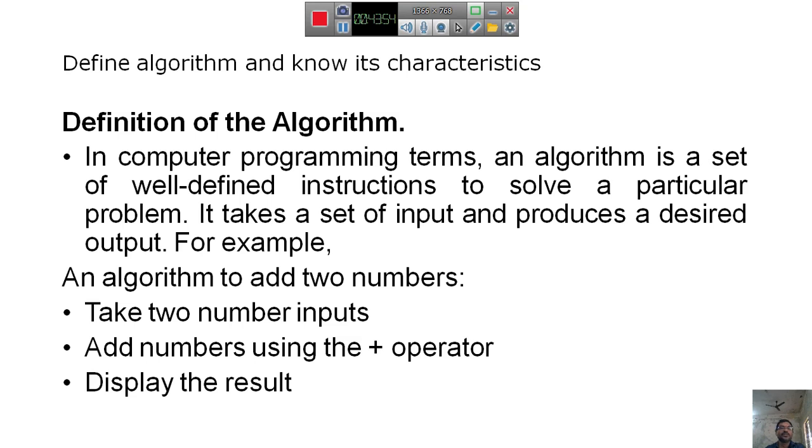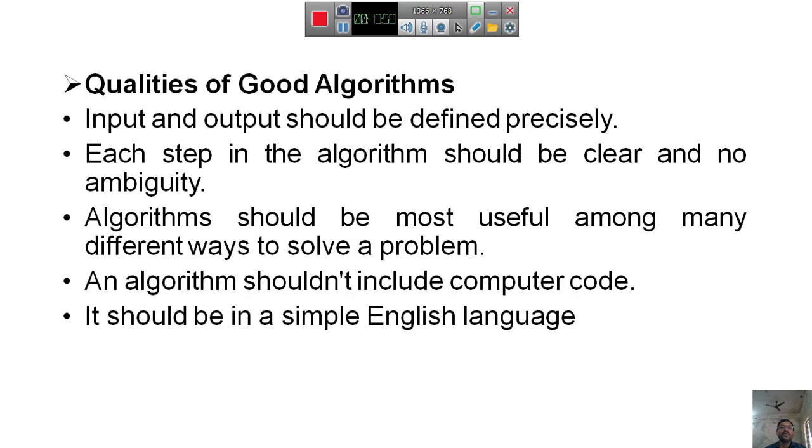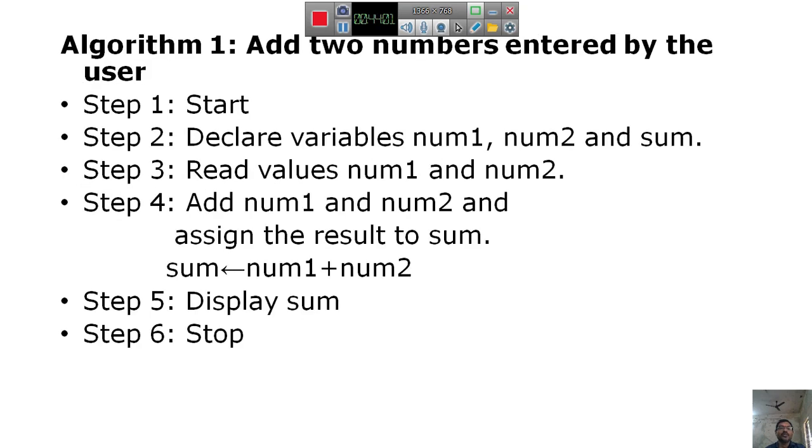And for adding two numbers, we have to take two numbers as input, that is called declare variables num1, num2 and sum, and read values num1 and num2, add num1 and num2 and assign the result to sum. Sum is equal to num1 plus num2.